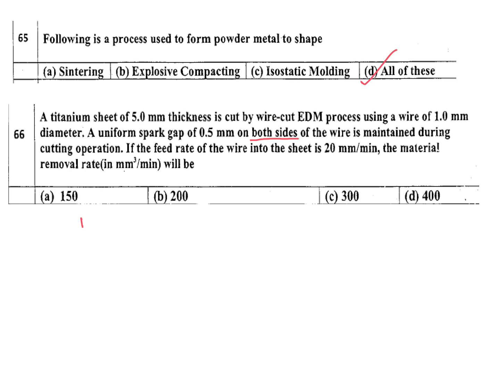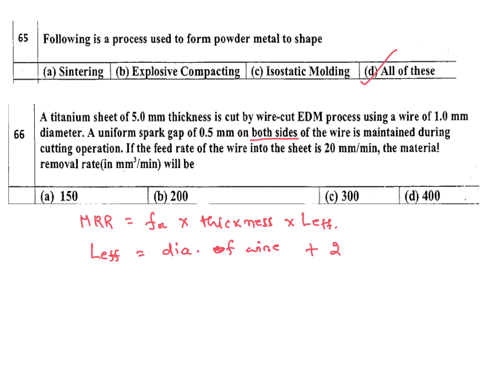So our formula, material removal rate, MRR, is feed rate into thickness into effective length. Your effective length is diameter of wire plus 2 into spark gap, since it is already mentioned on both sides.